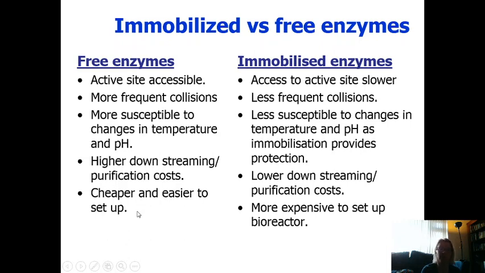Free enzymes are easier, cheaper and much quicker to set up as well, because you just put the enzymes with the substrate in the reaction mixture. Immobilized enzyme is more expensive to set up initially to get that bioreactor started.